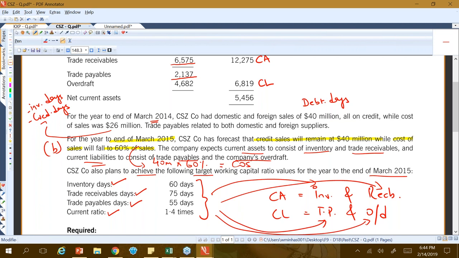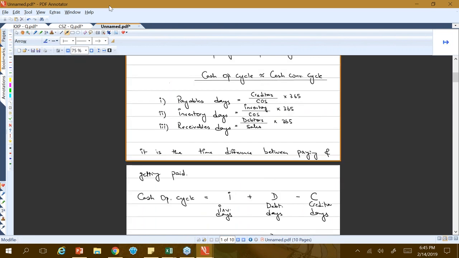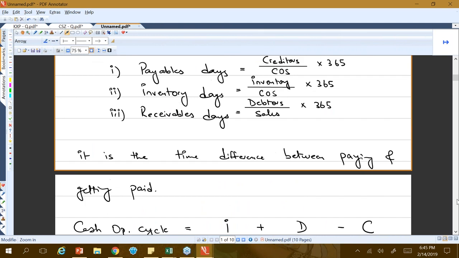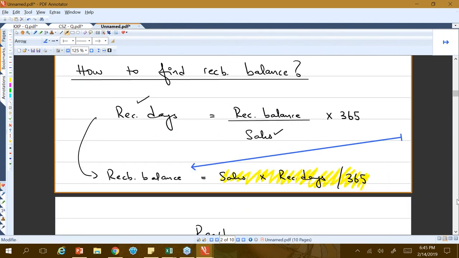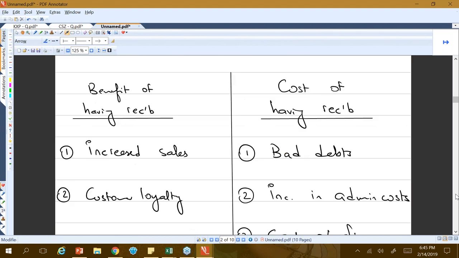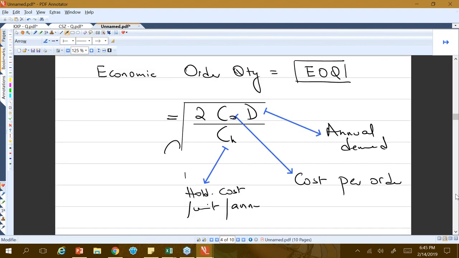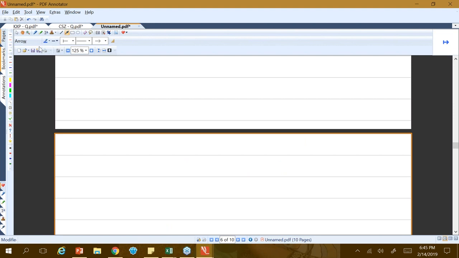Now, before I go into the working on this question, I want you to go back to something we talked about earlier today, where we thought about how to find the receivables balance. We have receivable days, and you can rearrange it to find the receivables balance. So we just want to make a note of this.